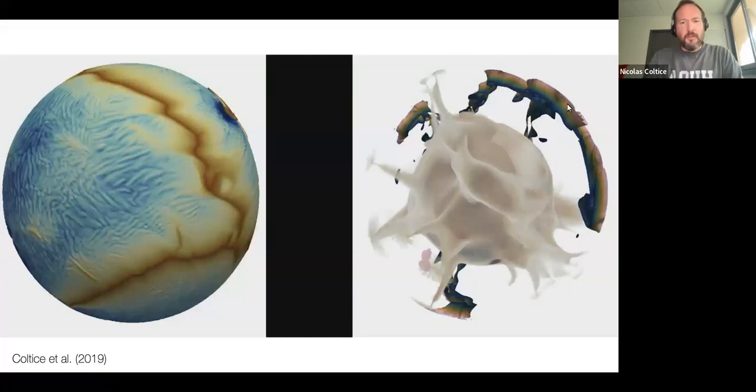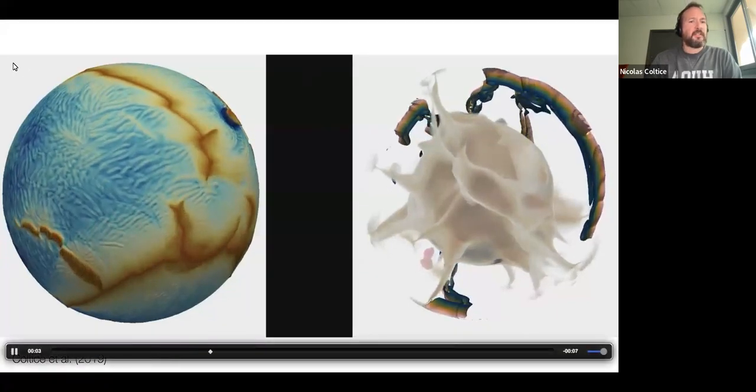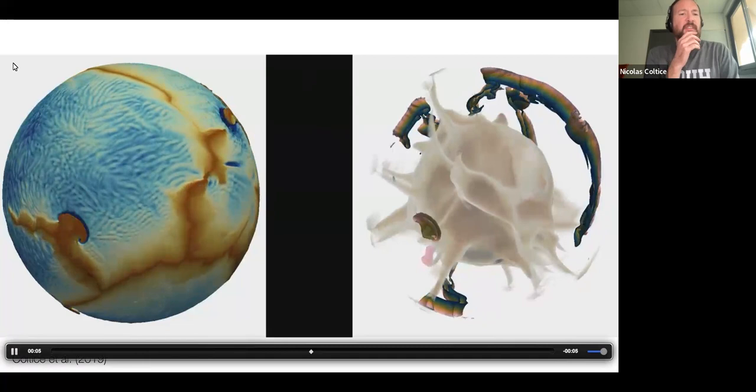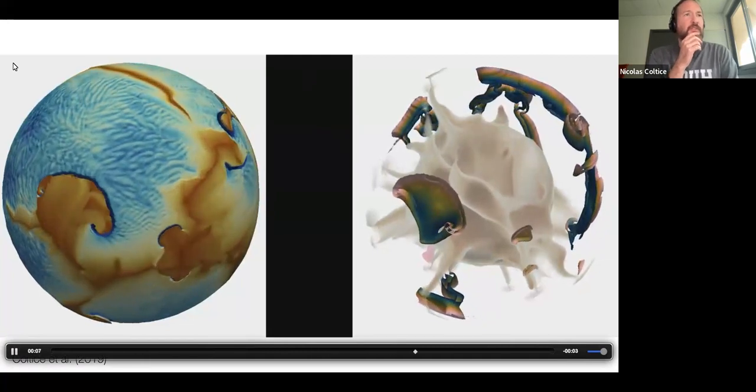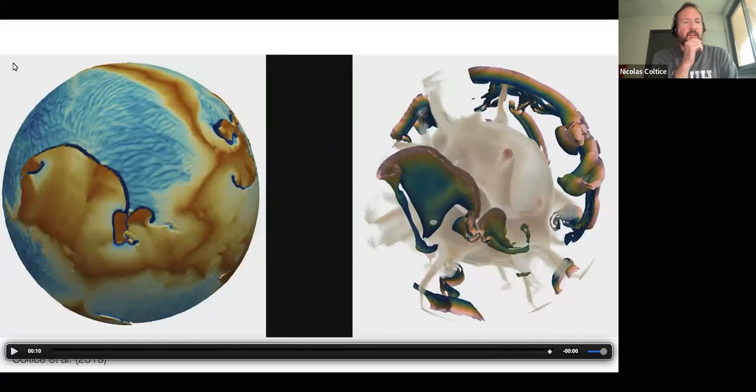And here you have a model. Can it work? So what you see here is one of these properties, seafloor spreading. So here you see that it is an emerging property. On the left, you have a hemisphere on which you see the depth of the lithosphere. So where it's red, you have mid-ocean ridges.